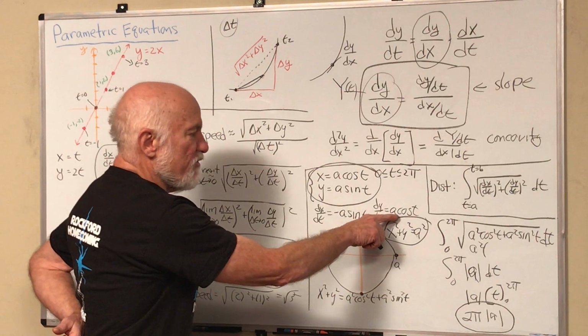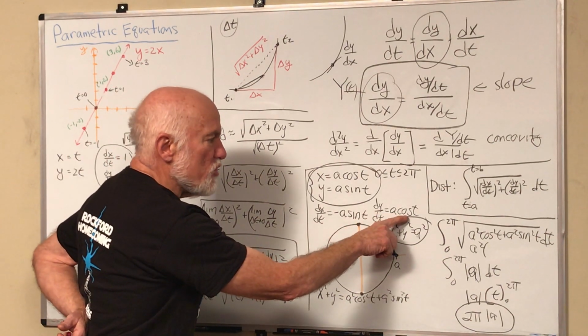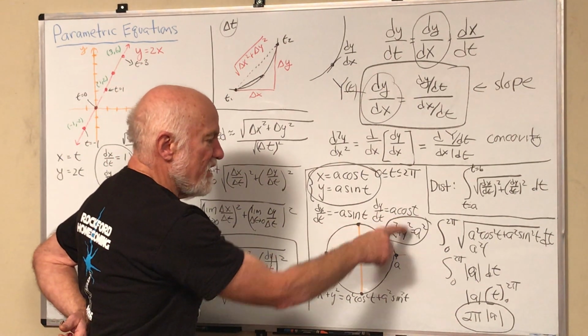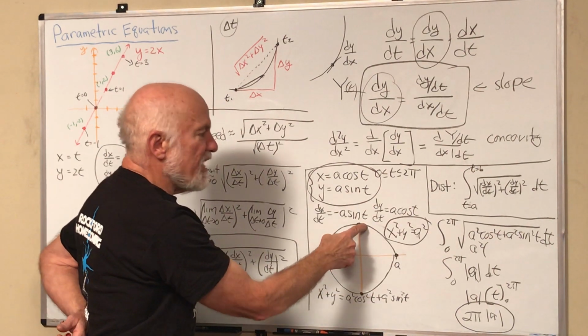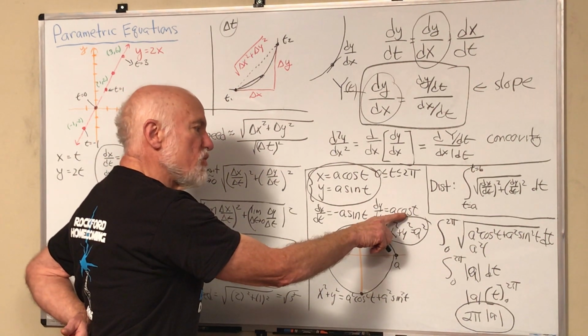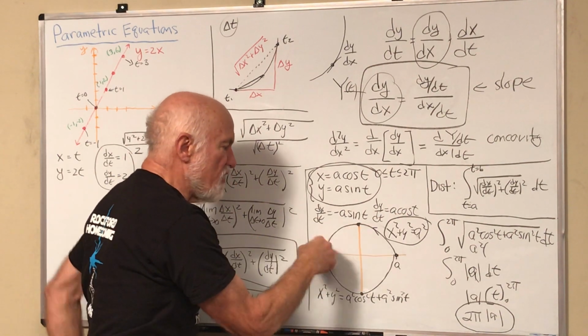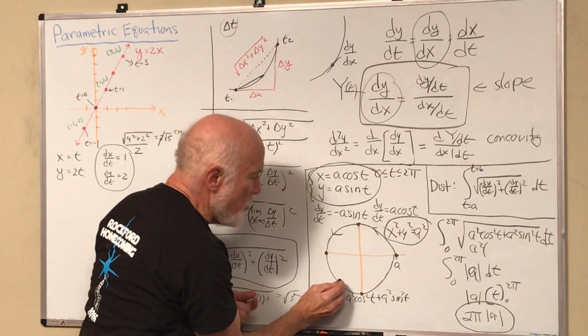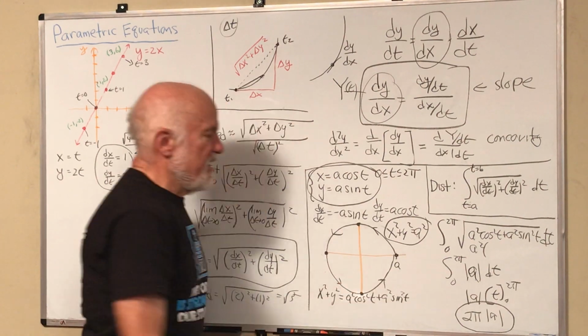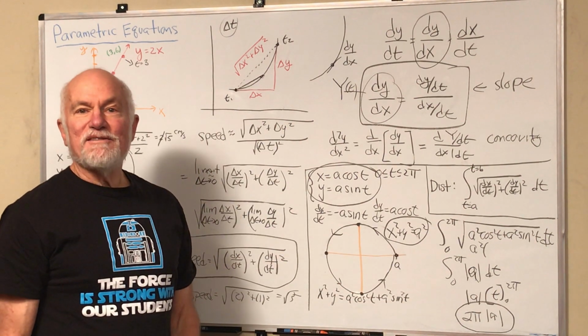And from 0 to pi over 2, the cosine is positive, so you'd be moving up. But then once you hit pi over 2, the cosine becomes negative, so you're moving down. So you can notice that the motion along this circle goes like that.